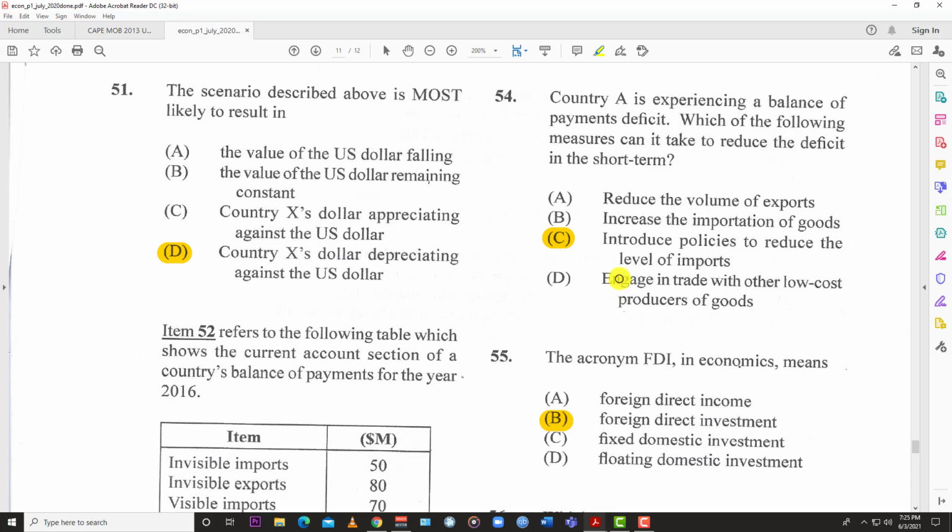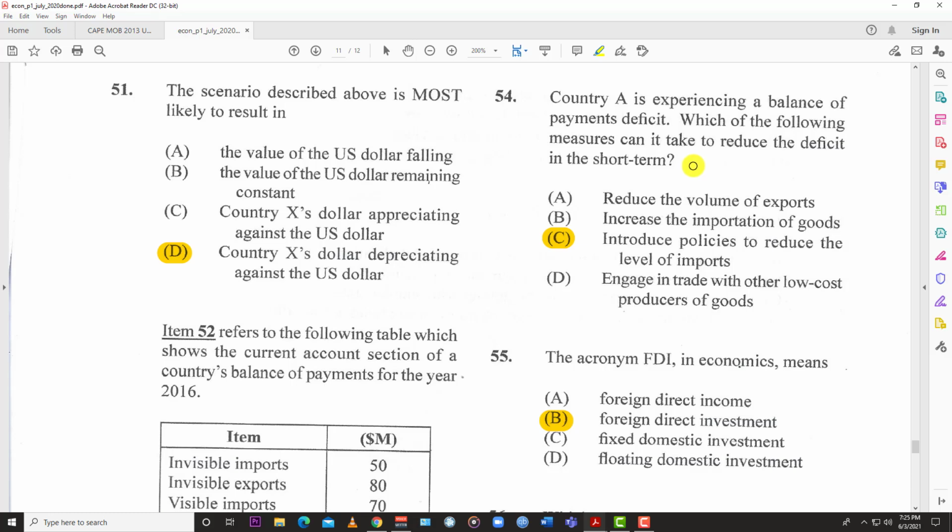54. A country is experiencing a balance of trade deficit. Which of the following measures can it take to reduce the deficit in the short run? And so we have C, introduce policies to reduce the level of imports. Because balance of payments means that you're sending out money.